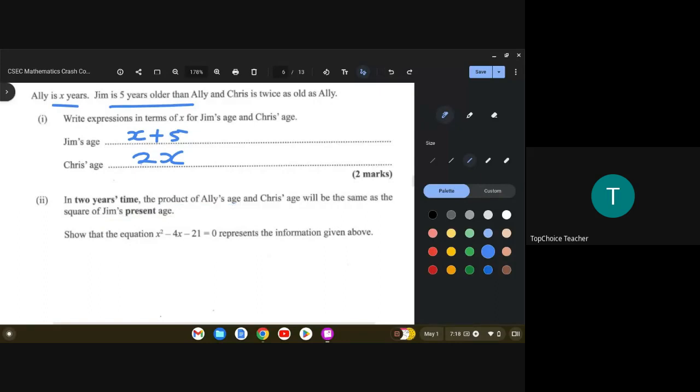How are we sure that this quadratic equation represents the information given above? What would you do if you see this question in a paper? Would you do it? Would you leave it out? Would you just say, nah, that's not for me? Anybody might just be contented with the 2 marks on top there and say, let me just move on. Just move on.